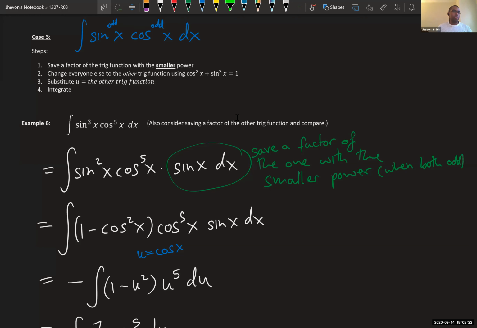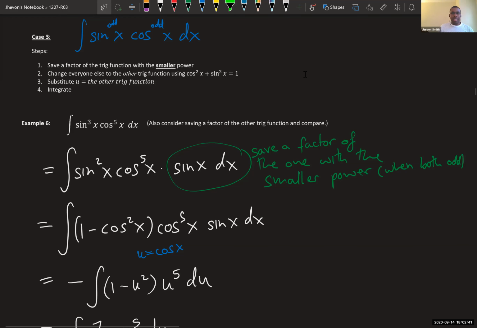Personally, I would probably save a factor of the cosine in that case. Like if it were a sine cubed, cosine cubed or something like that? Yeah. I'd probably save a factor of the cosine just so that when I do my du, I won't have to worry about a negative sign involved. But honestly, it doesn't actually matter.